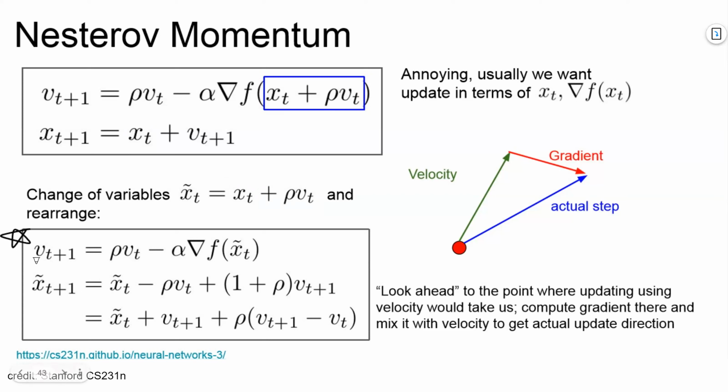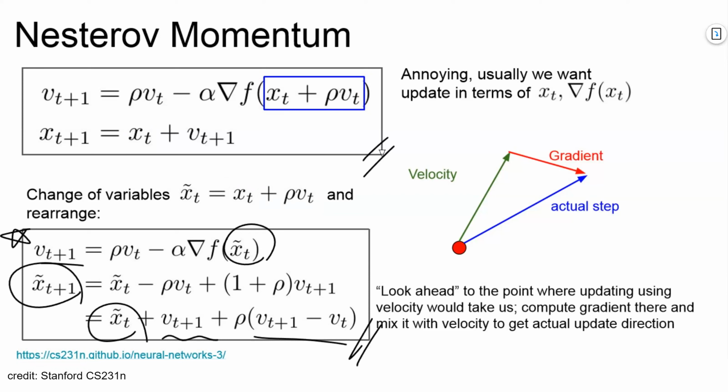We calculate the new velocity using the current gradient, and the new value becomes x tilde plus the new velocity plus the difference between the current velocity and the new velocity. So when implementing Nesterov momentum, we'll use this equation rather than the previous equation.